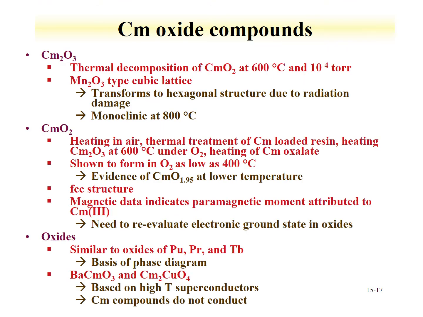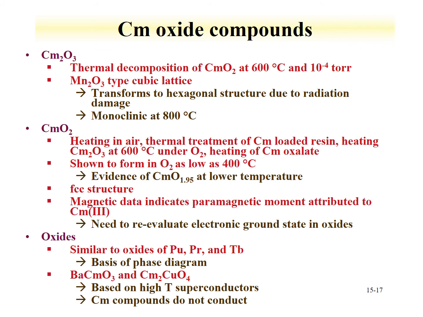The oxides, there are two primary oxides, the trivalent Cm2O3 and the tetravalent CmO2. The Cm2O3 will decompose to the more stable tetravalent oxide at around 600 degrees, and the Cm2O3 does a phase transformation at around 800 degrees to the monoclinic form.